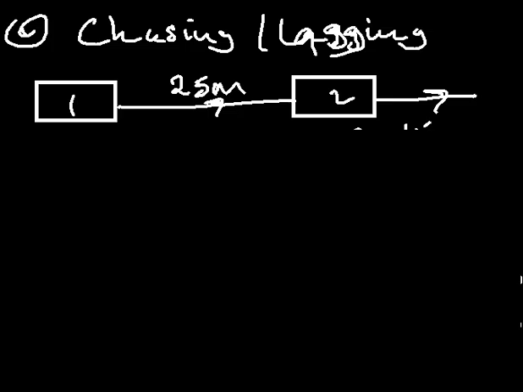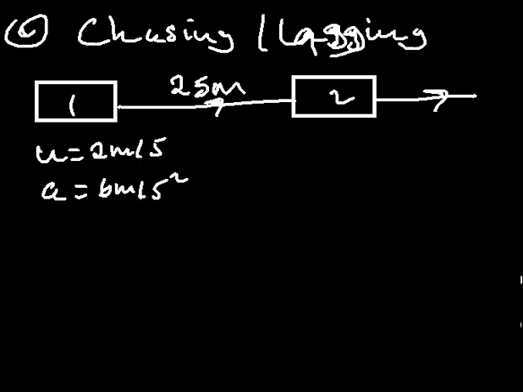Now what if we have this case? Let's say object 1 has initial velocity of 2 meters per second, acceleration of 6 meters per second squared, and object 2 is moving at a constant speed of 8 meters per second.